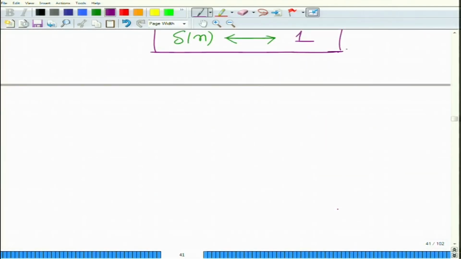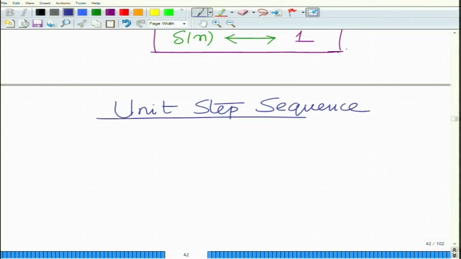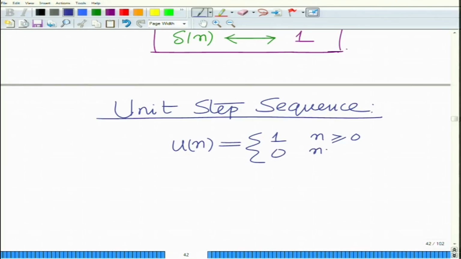Okay. Let us quickly look at another common signal, the discrete time unit step sequence. u[n] equals 1 for n greater than or equal to 0, and 0 for n less than 0.